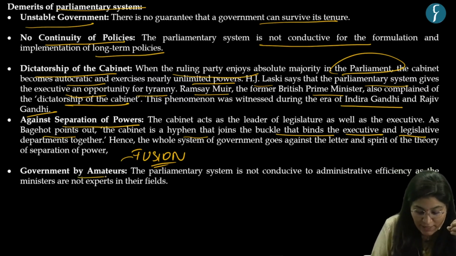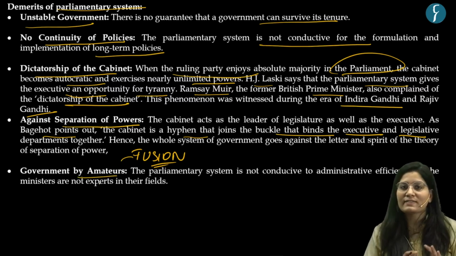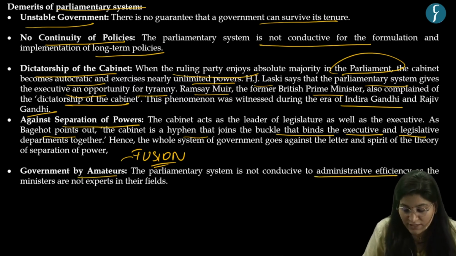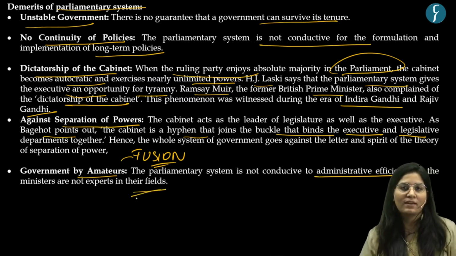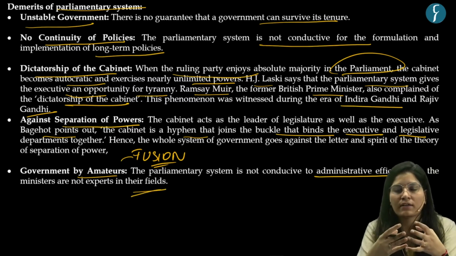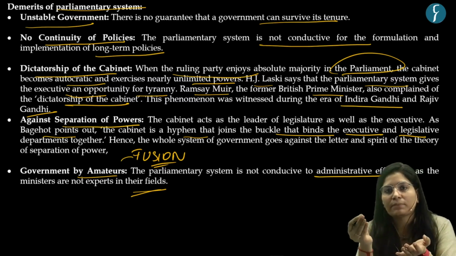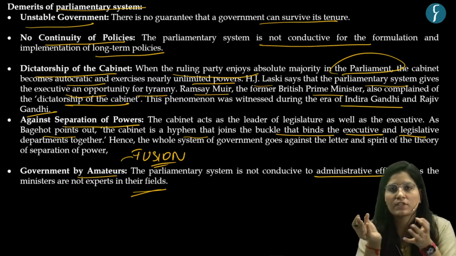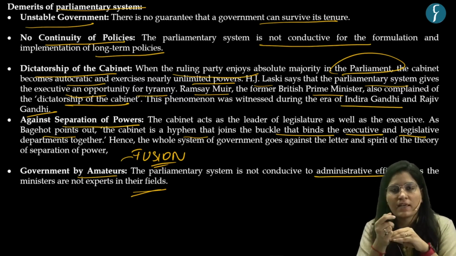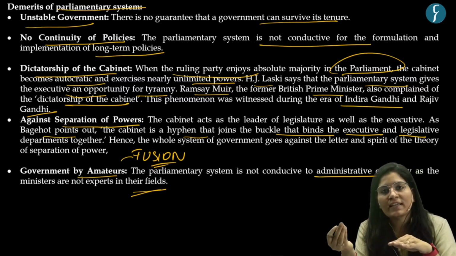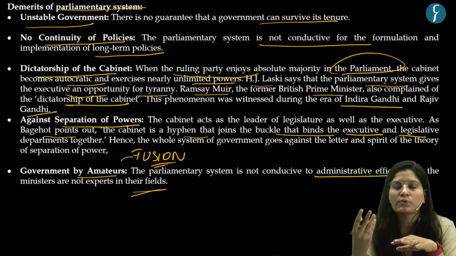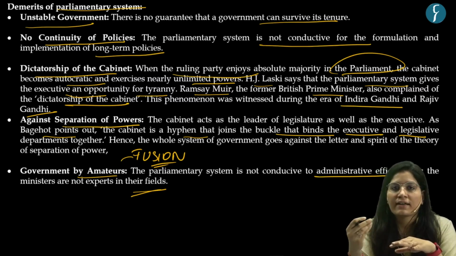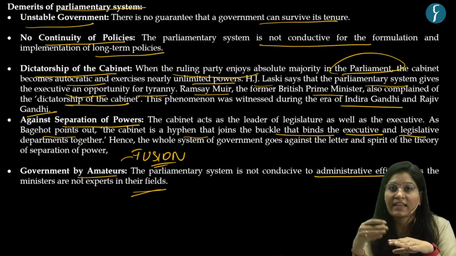Then next is government by amateurs. See, the parliamentary system is not conducive to administrative efficiency and ministers are not experts in their field. See, when the prime minister is going to select ministers for the council of ministers, is the option limited to only members of the parliament? It cannot go to other talent, external talent.